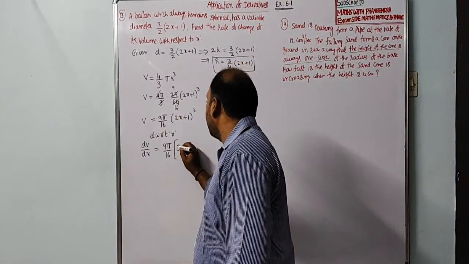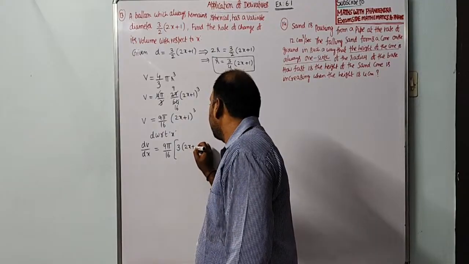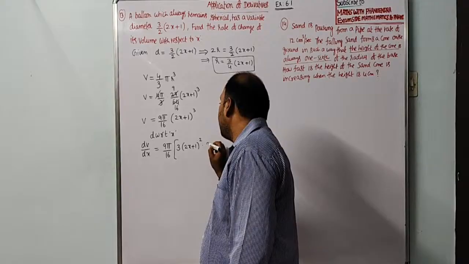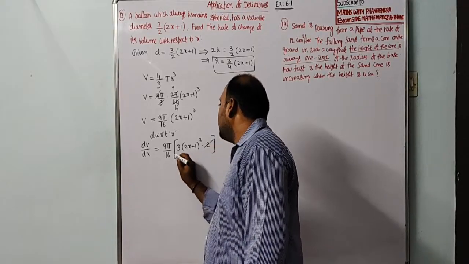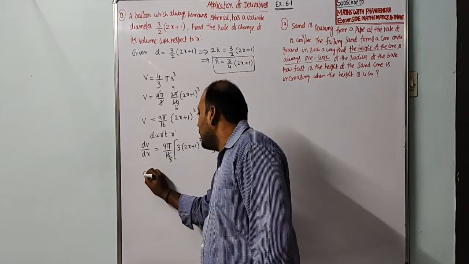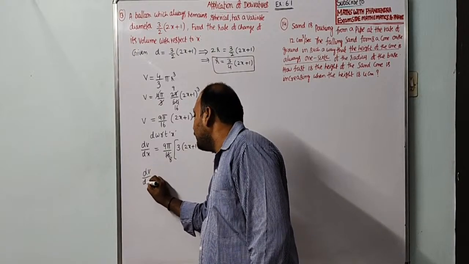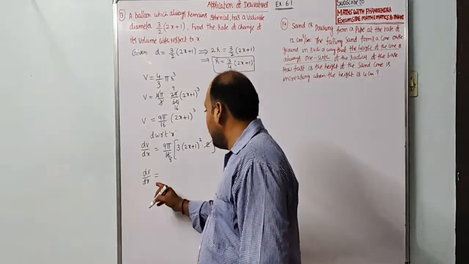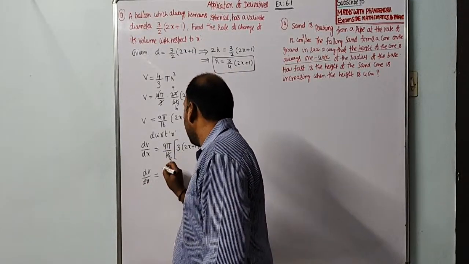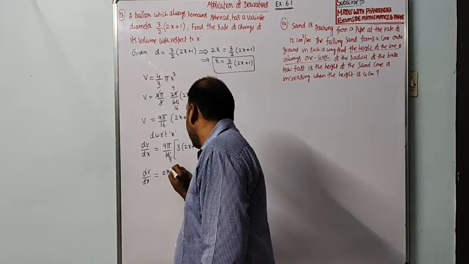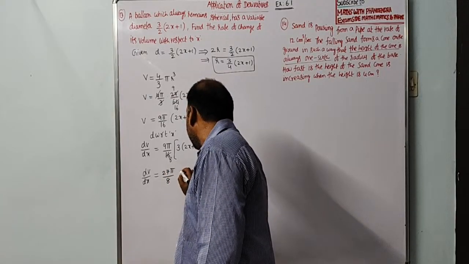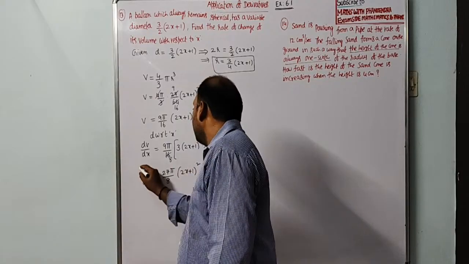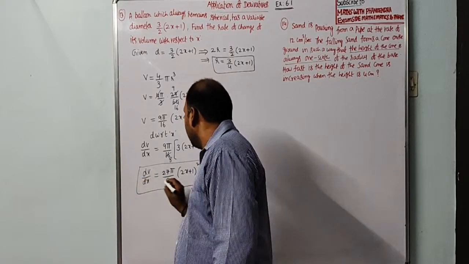So n means 3 into 2x plus 1 whole power 3 minus 1, that is 2. Again 2x plus 1 derivative is 2. 2 ones are 2, 2 eights are 16. So dV by dx, the rate of change of volume of the spherical balloon with respect to x, is 27 pi divided by 8 into 2x plus 1 whole square. This is the required one.